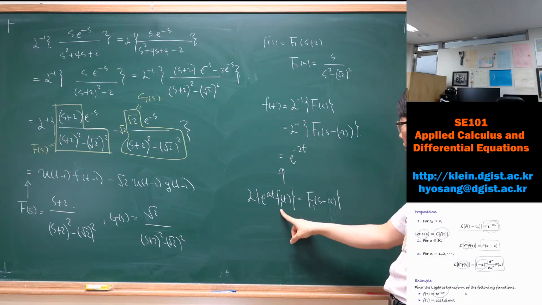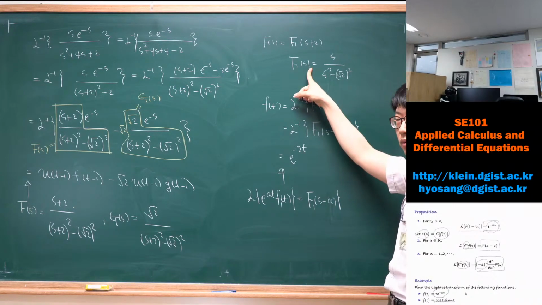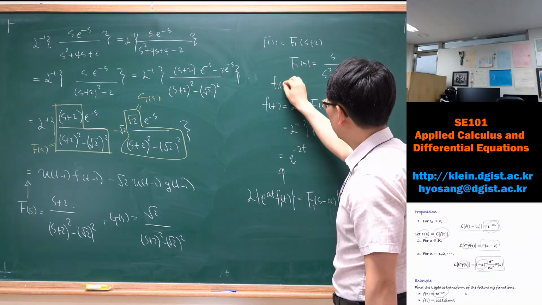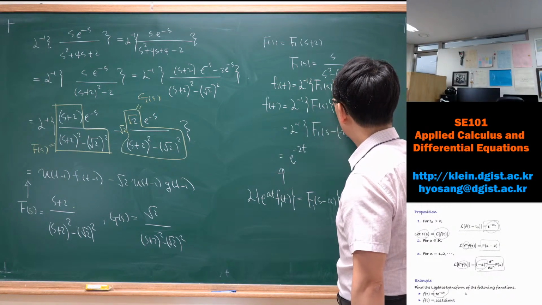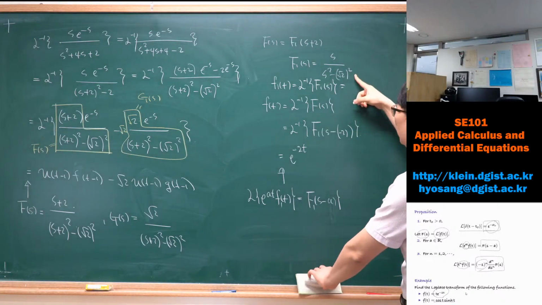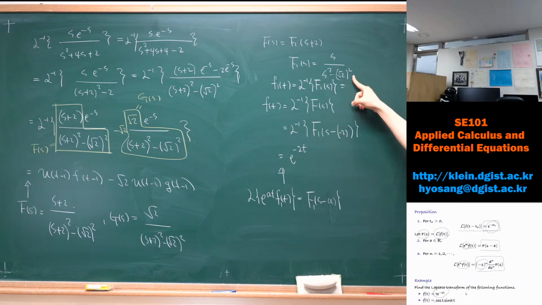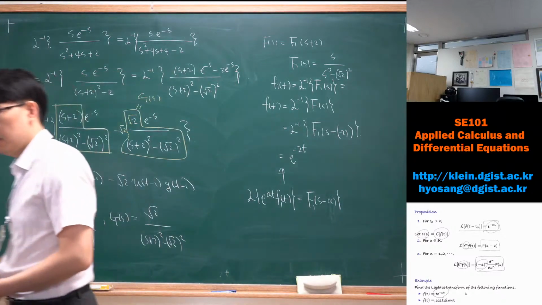Now what's f1 of t? f1 of t is the inverse transform of large F1. What's the inverse transform of this? There's a little bit of delay, so I will wait.